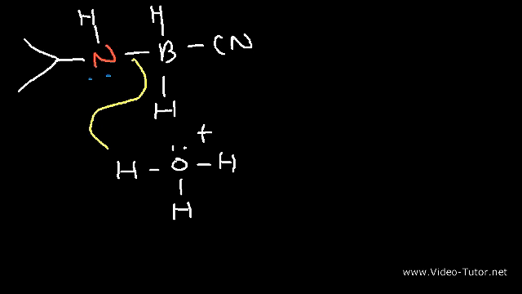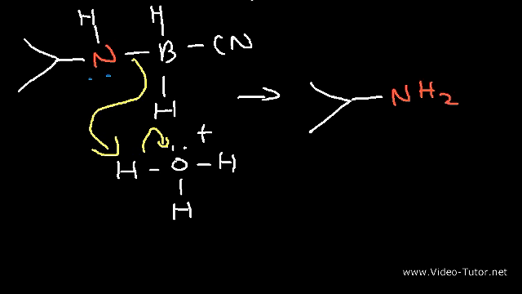So this bond will separate the nitrogen and the boron, and nitrogen can grab a hydrogen from H3O+, giving us the amine. Now if you want to keep it simple, if you don't want to show the reaction between the nitrogen and the boron, what you could do is simply add H3O+ to this part of the reaction.